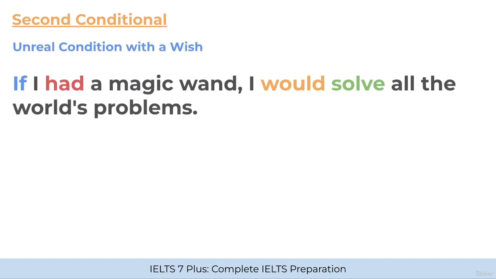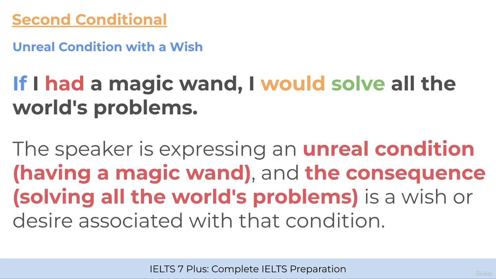So it's almost like a wish. If I had a magic wand, I would solve all the world's problems. Do magic wands exist? Well, not so far, not that I know of. And the consequence, solving all the world's problems, is an aspirational wish that is, again, almost impossible to come true.